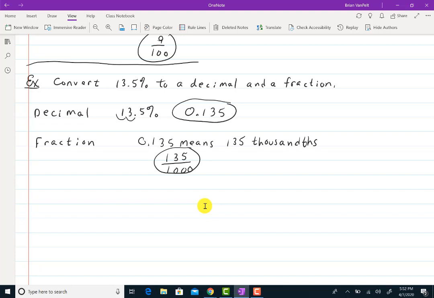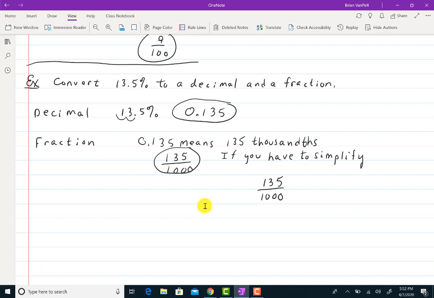Now the problem itself did not tell me to simplify it, but if you have to simplify, then here's what I would do.